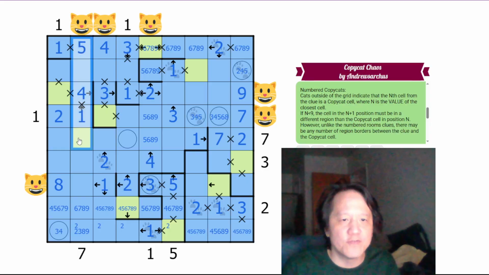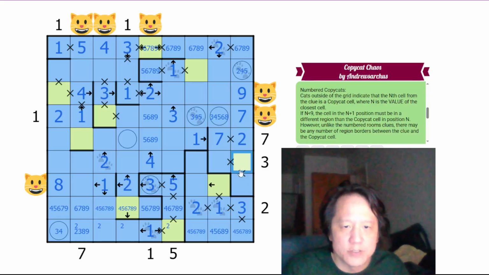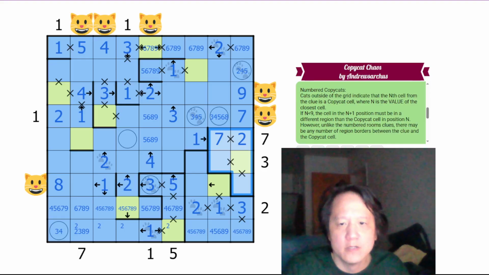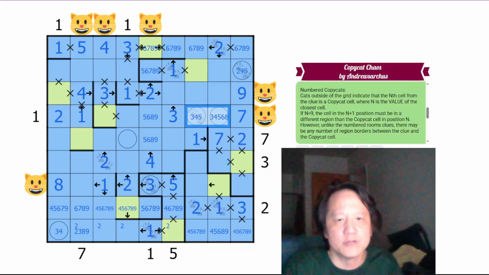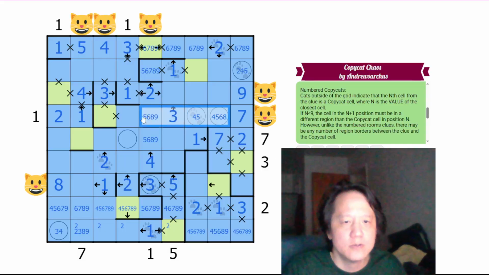And after 5, the 5th and the 6th cell are different regions. So this has to go this way. So this is separate. These have to be no boundaries here. 3 eliminates 3 in the rest of the row here.